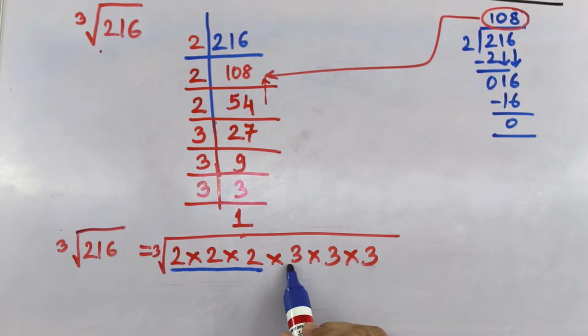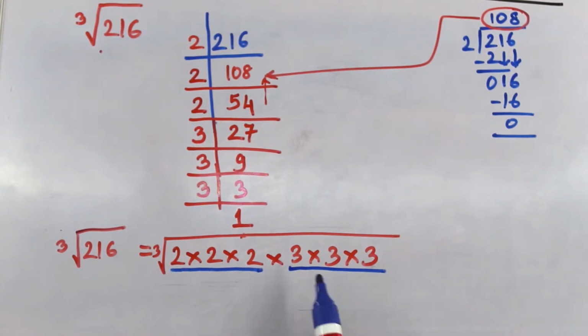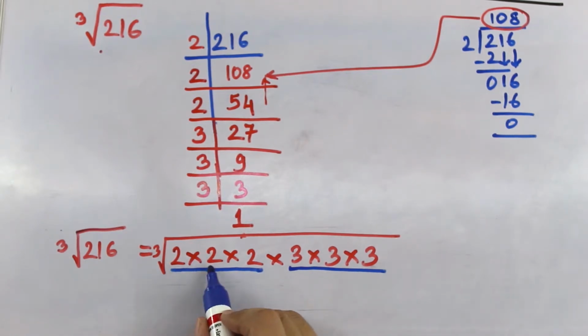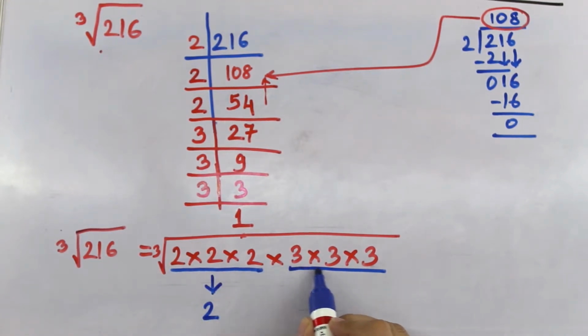Now this is my second group of the same number 3. From this first group, out of these 3 2's, I'm just going to select 1 2. Out of these 3 3's, I'm going to select 1 3. So 2 into 3 gives me 6.